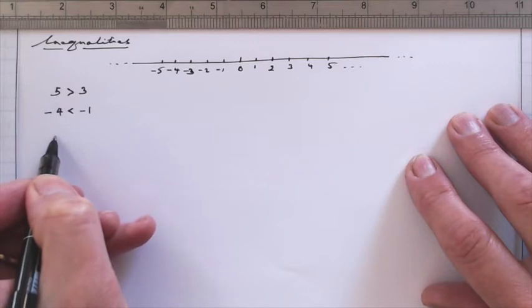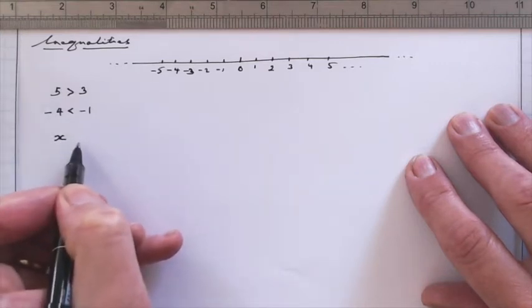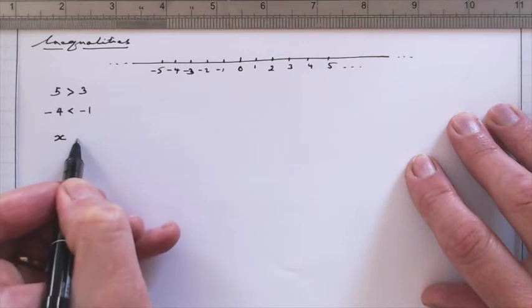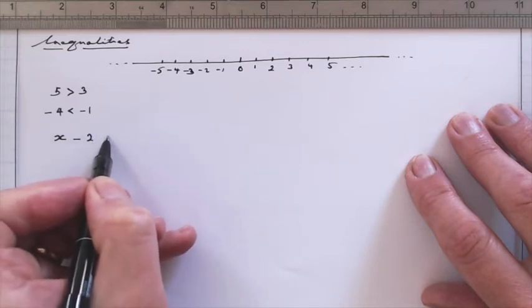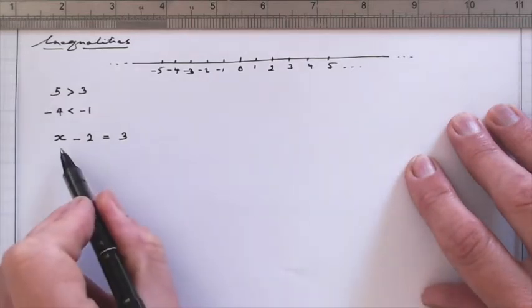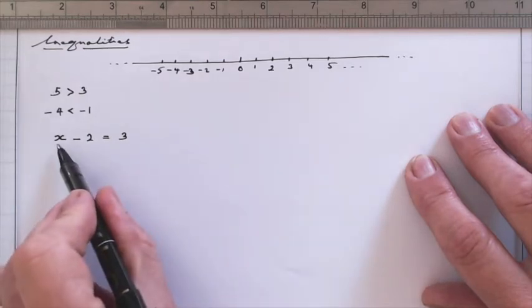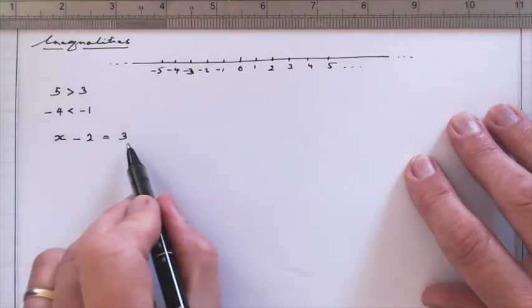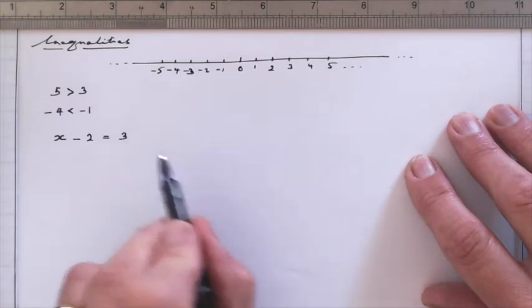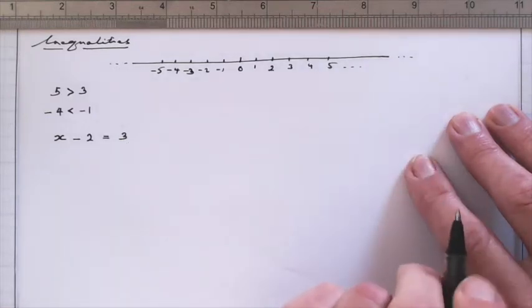Let's imagine we're talking about x as a real number, and let's say we have an equation: x take away 2 is equal to 3. Obviously we can solve this very easily, and it tells us that x equals 3 plus 2, which is equal to 5, and so the value of x sits at 5.